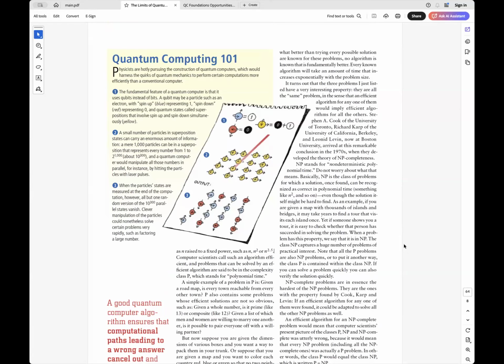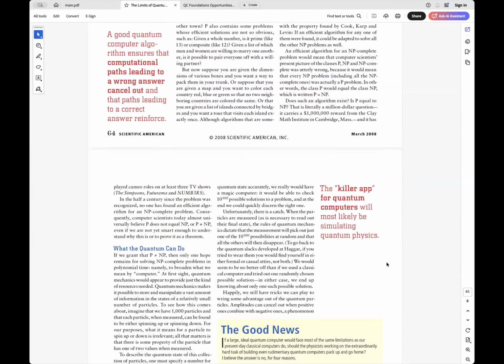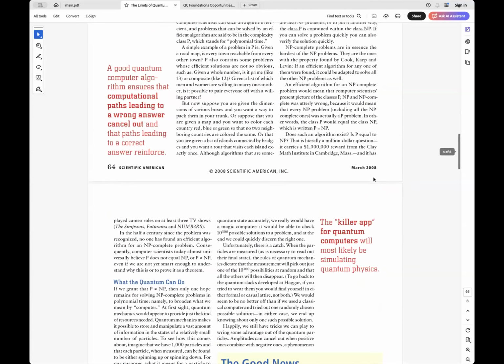Then there's NP, and solving the NP problems is much harder, but you can verify if a solution is correct in polynomial time. So solving may be very, very complex, but verifying if a solution is correct runs in polynomial time. And then there is NP-complete, which we will see soon.